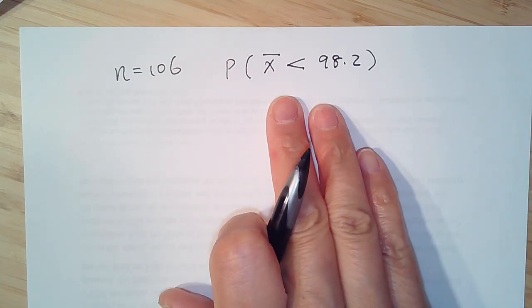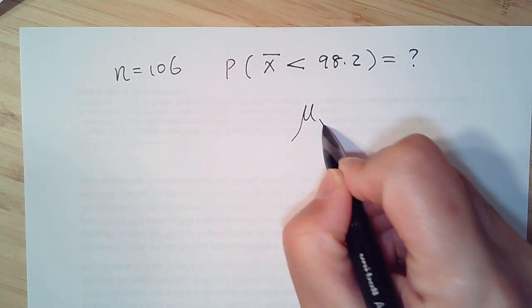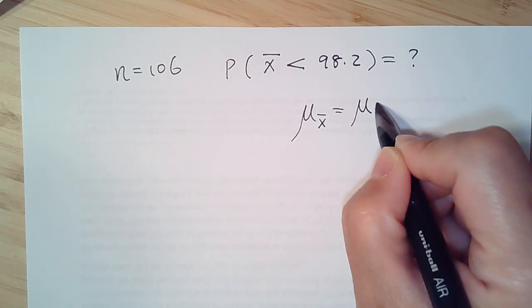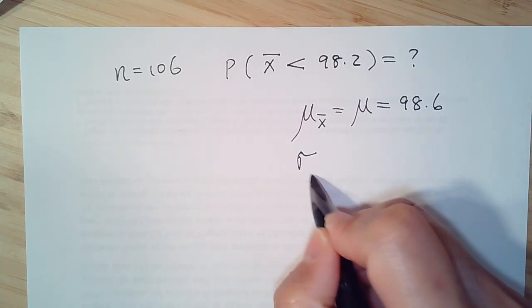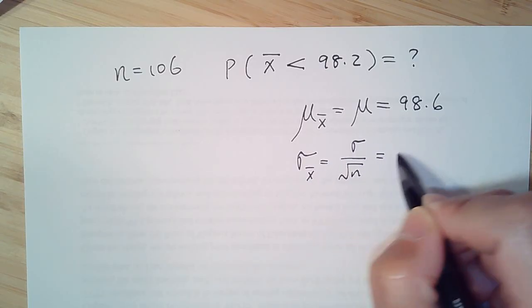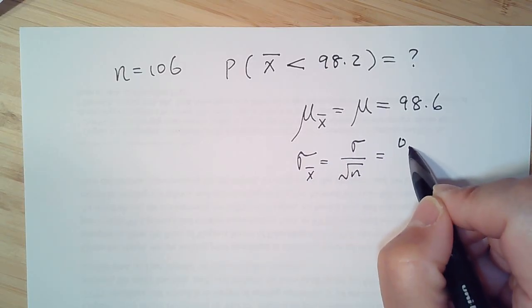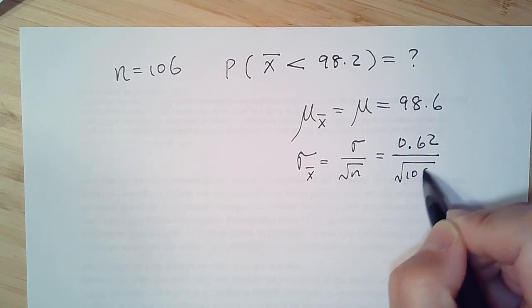We ask for this. All right, now we know mu of x bar is the same as mu, as we believe. The standard deviation of x bar is the standard deviation over root n, which is 0.62 divided by the square root of 106.